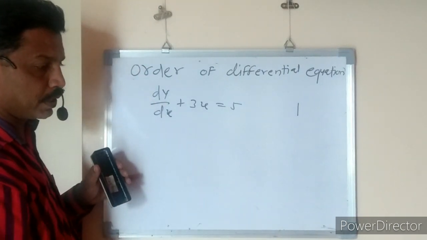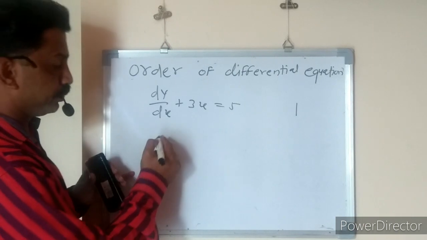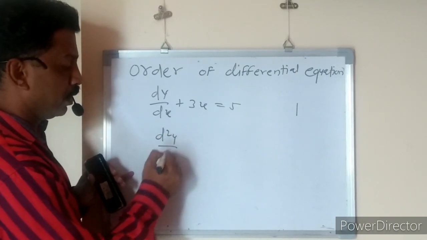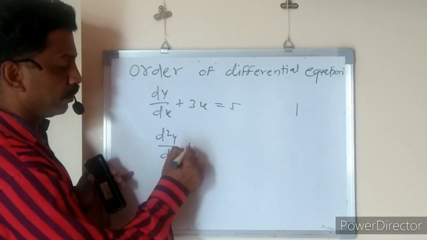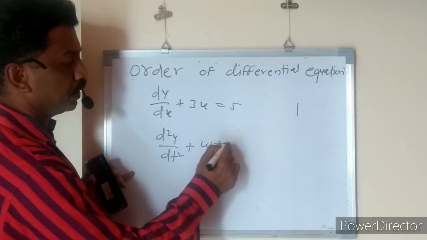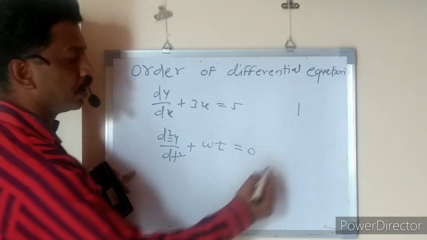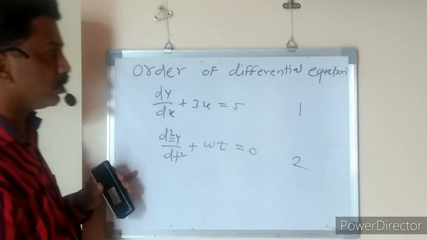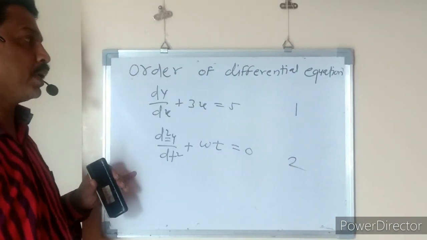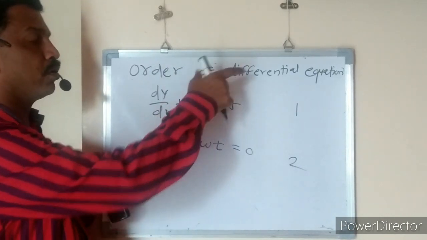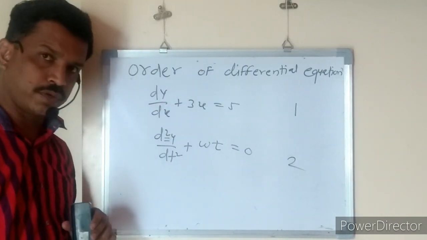If we take another example, d2y/dt² + ωt = 0, here the highest derivative is of order 2, therefore the order is 2. So in this way we can easily understand the order of a differential equation. Okay, thank you.